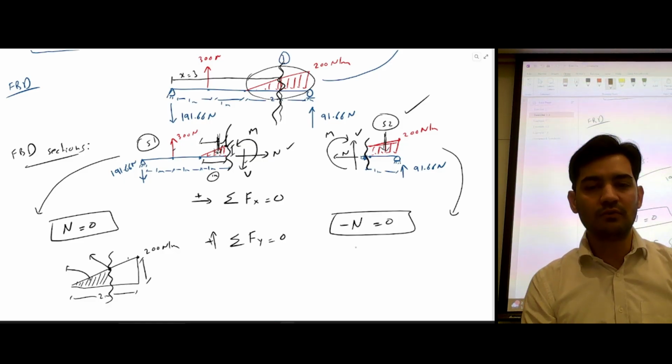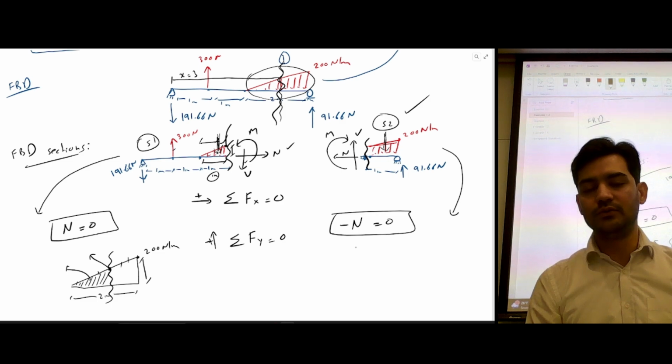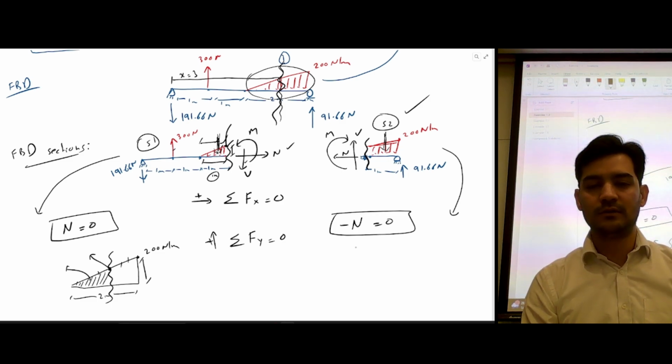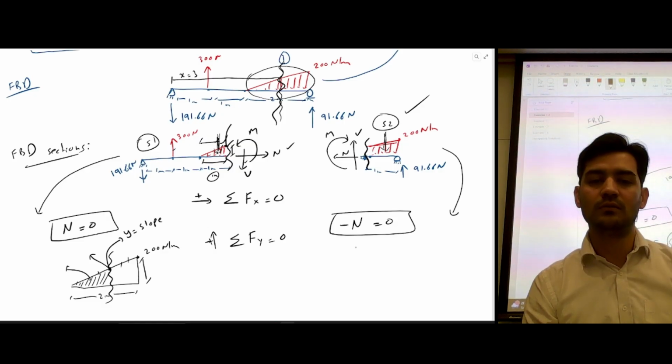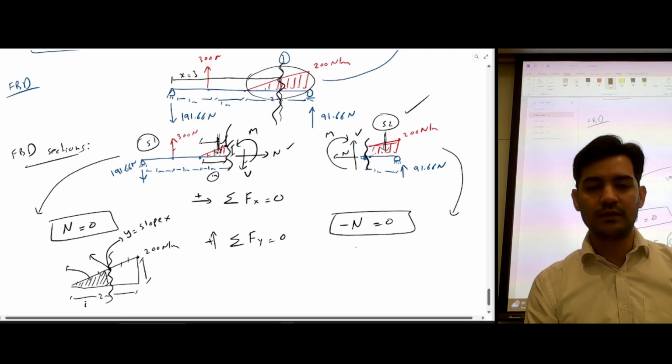So in order to calculate the value at any point, we can use this formula. I'm going to use y is equal to the slope of the triangle times l, where this is y and this is small l.